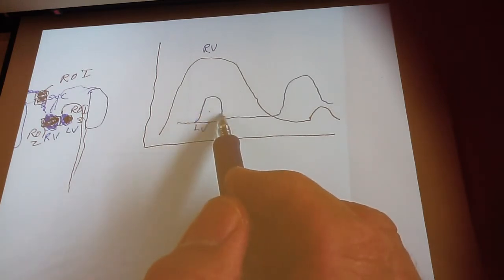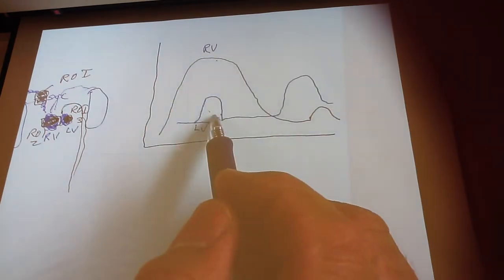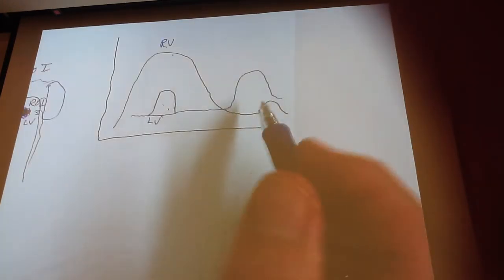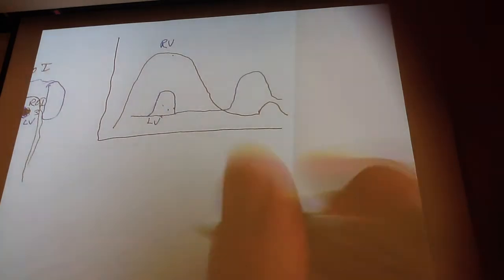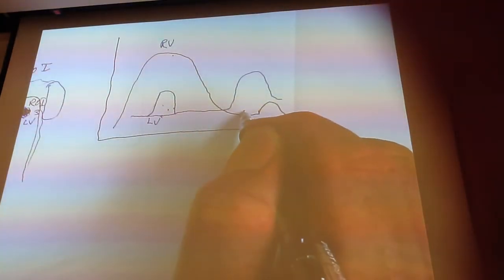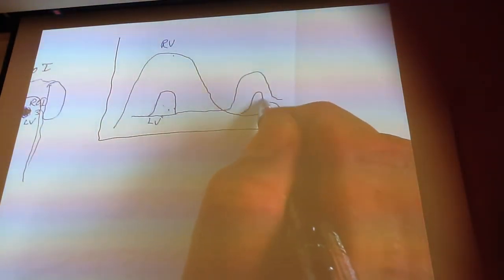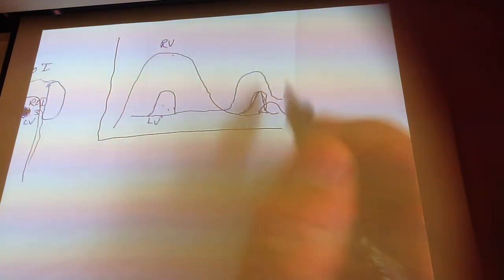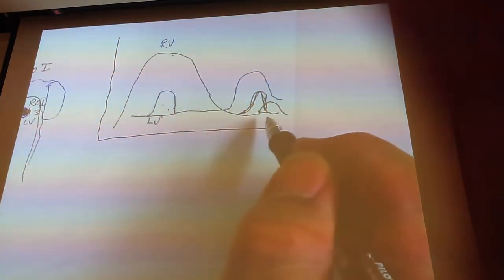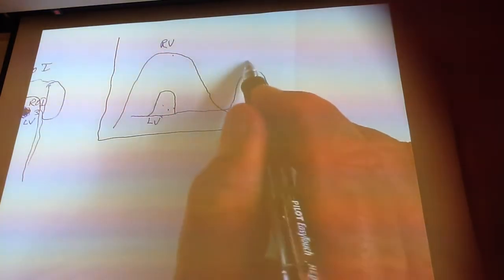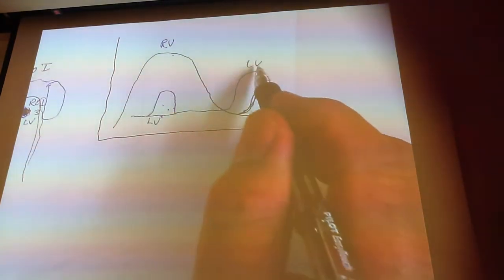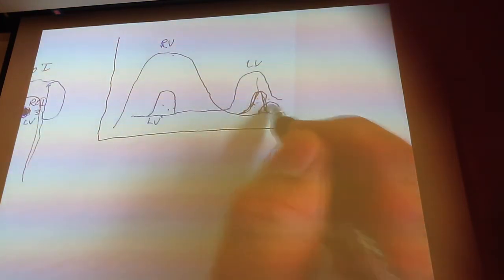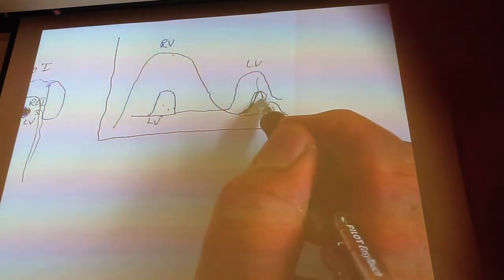So this would be a right to left shunt. If I see left ventricle activity and then all of a sudden activity is being pumped back into the right ventricle, that's my left to right shunt.